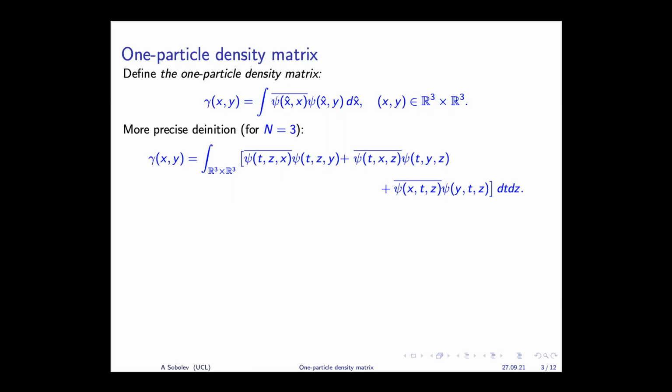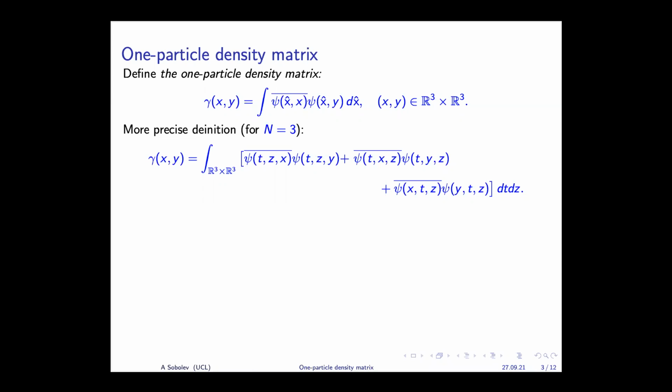Okay, I will show again a few things at the same time. So this is how I will define the protagonist of all this work. So this is our one particle density matrix. Look how it is defined. We split off one coordinate, right? This x hat, comma x. We have two copies of the eigenfunction.